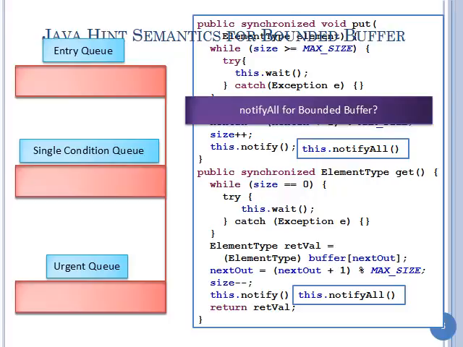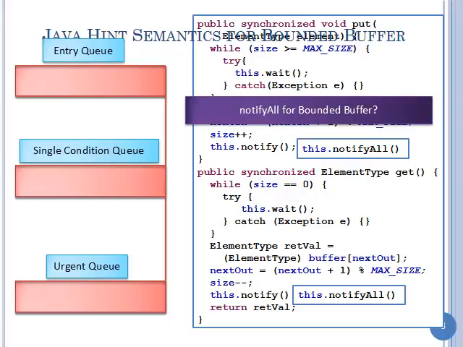Will it work for this example? We are notifying whoever's waiting on that condition. We are not waiting on that because we notified, which means we must not be waiting. So when the producer does a notify, it may notify a consumer or a producer, because they both can wait.